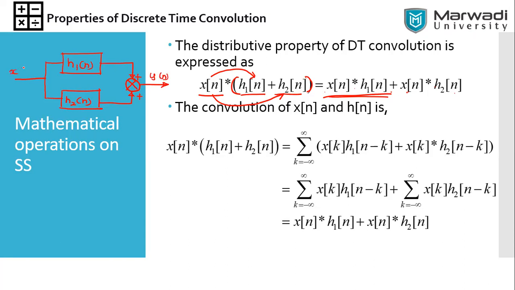This is x of n, right? So what will happen? This x of n will go through h1 of n, so you get x of n convoluted with h1 of n, then it is added. Similarly, x of n goes through h2 of n, so you get x of n convoluted with h2 of n. And then they are summed together. This is the RHS, right hand side.